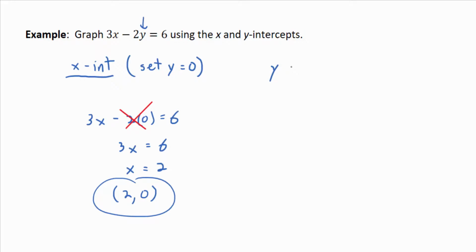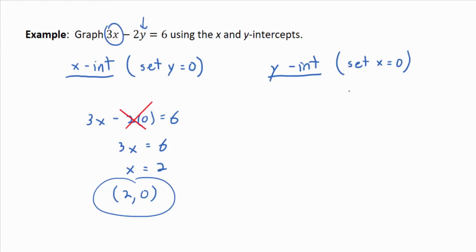Let's find the y-intercept now. What do you think we're going to do to find the y-intercept? Set x equal to 0. And then what's going to happen to this whole term when we set x equal to 0? It's gone. It's gone. Trying to make math exciting. It's gone. Little inflection there. Does that help?